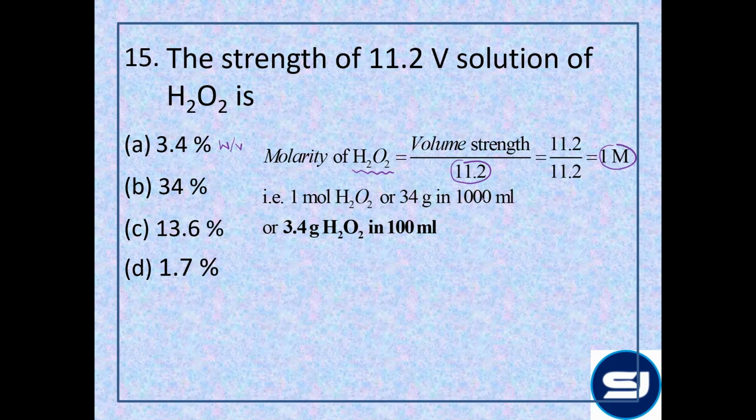So in 100 ml, 3.4 grams. So the amount of peroxide in 100 ml is nothing but its percentage weight by volume. Hence the answer is option A. Simple.